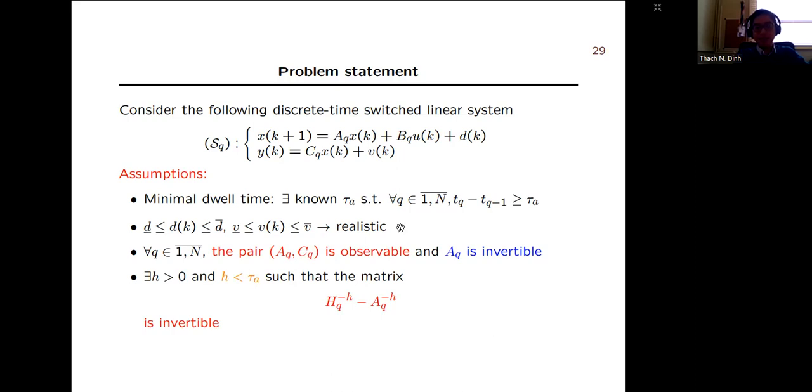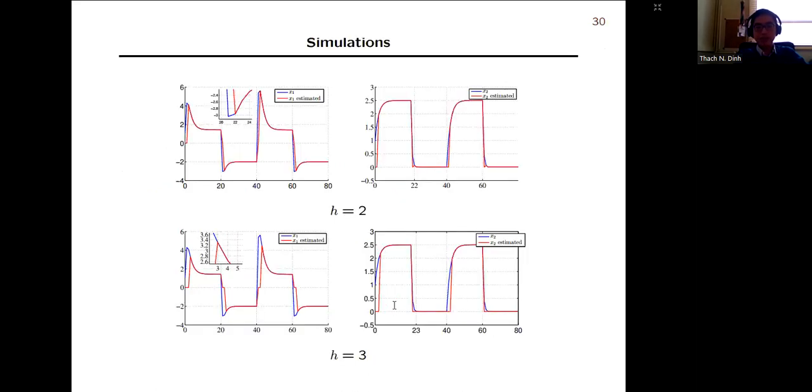I believe that we can do it better, but I still do not have time to formulate the problem. So that's why I call it just a small application. And if we suppose that there exists a first time S to satisfy the minimal dwell time condition, and such that it is invertible, so we can plot the exact estimate of the state of the linear systems.